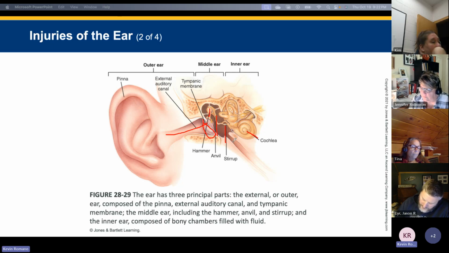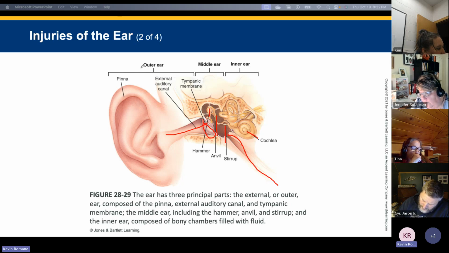Now, this thing right here is called the eustachian tube. The eustachian tube is where air goes when you have to pop your ears, right? That's air that goes directly into your airway. It's an open canal that goes down called the eustachian tube.